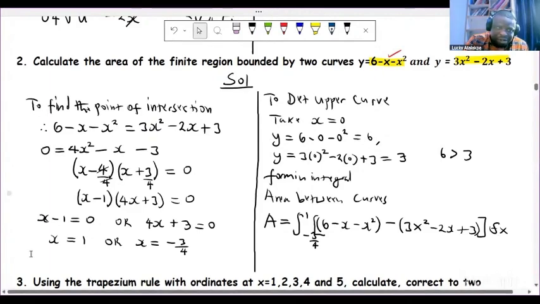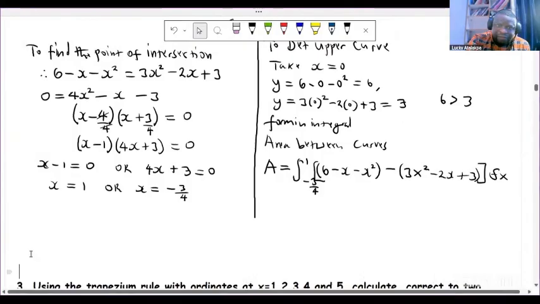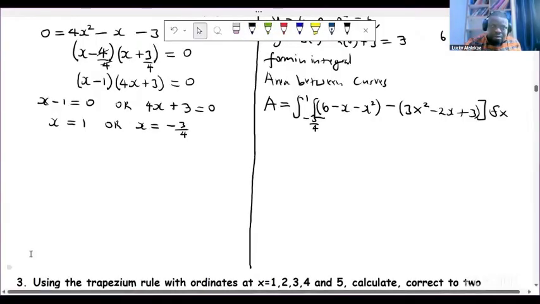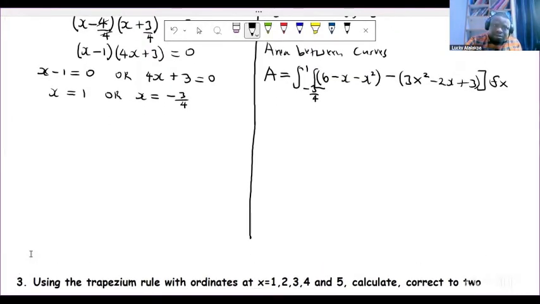Are you following? So we still have work to do. Now let's go. Remember, the lower limit is negative 3/4. So I'm going to do my area now, I think I'll do it like this because I need a lot of space.